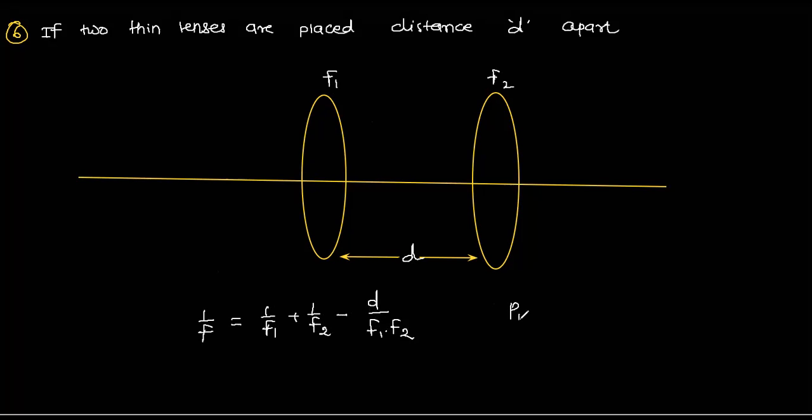So if you want P net in this case, it is P1 plus P2 minus d into P1 P2, because 1 by f1 is P1, 1 by f2 is P2, and 1 by f1 into 1 by f2 means P1 into P2, right? Okay, next.